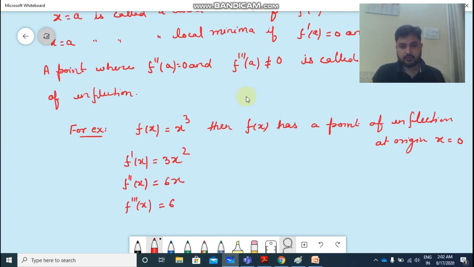Here f double dash 0 is equal to 0, and f triple dash 0 is 6, that is not equal to 0. So the double dash derivative at origin is 0, but the triple dash derivative is not equal to 0. That means x is equal to 0 is a point of inflection.